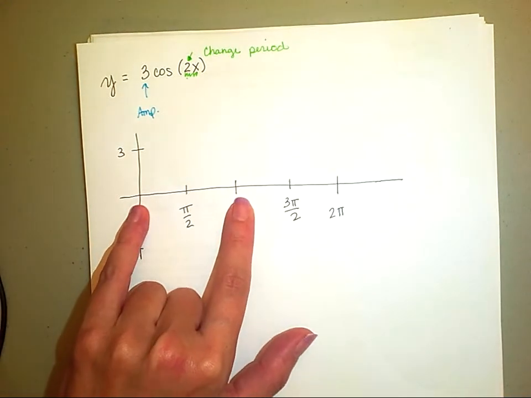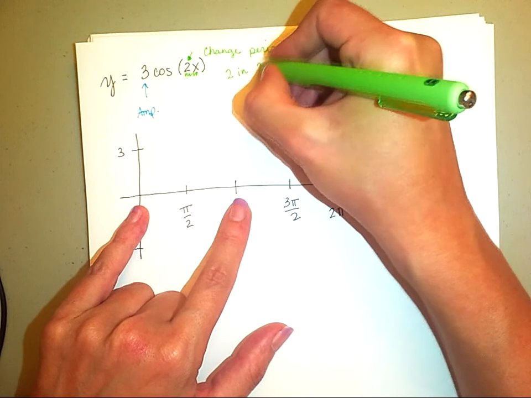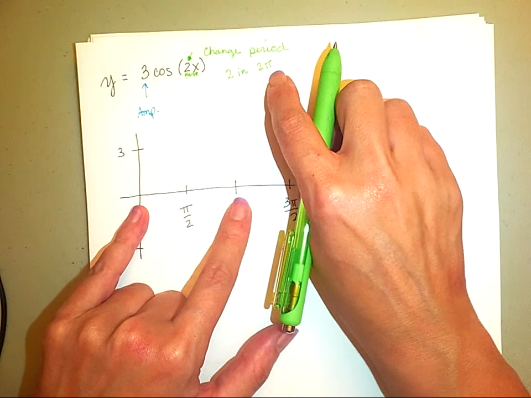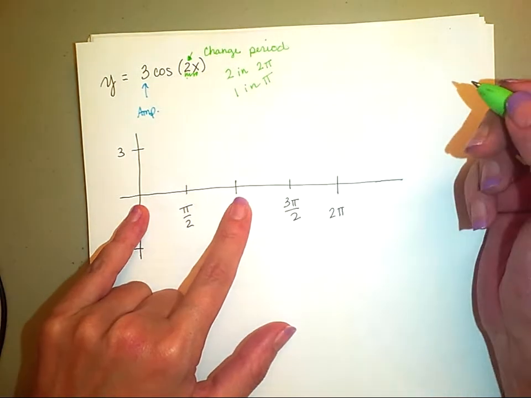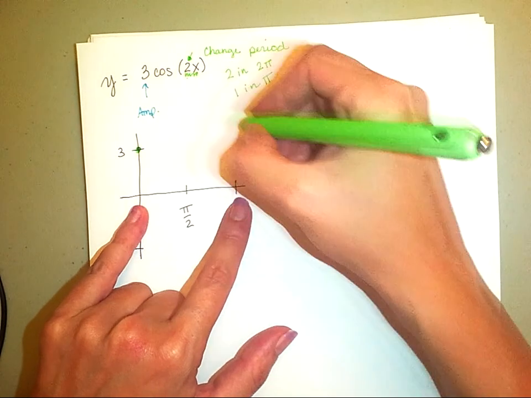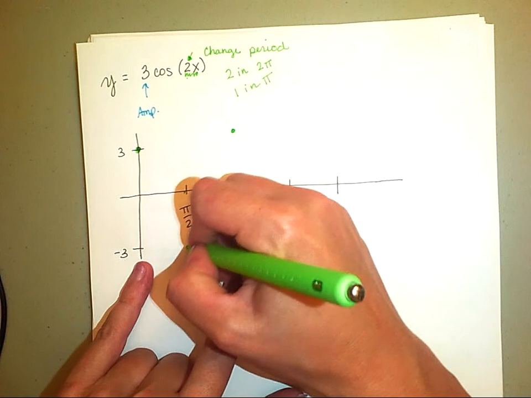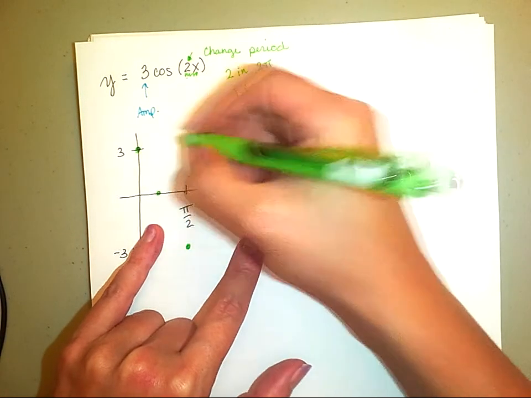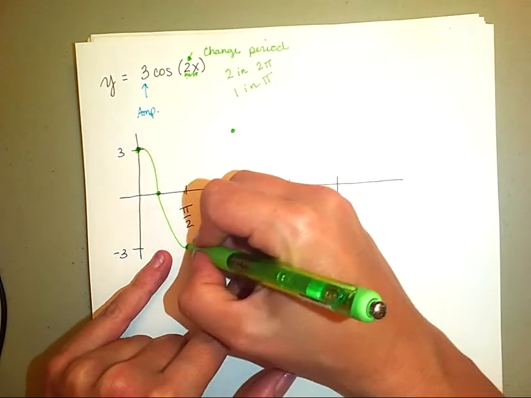So 2 in 2 pi means I can get 1 in just pi. Now the cosine starts up top, ends up top, and halfway in between, valleys, and halfway in between these two is 0. This is the shape of the cosine.